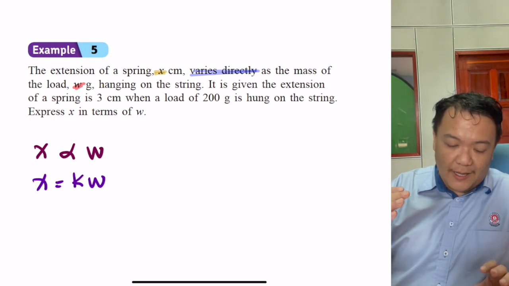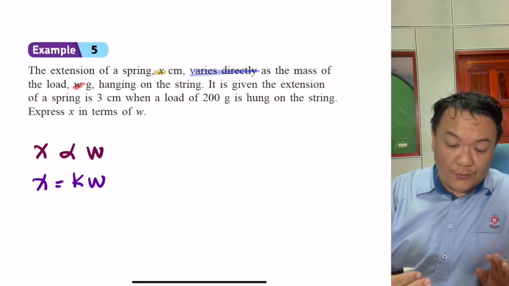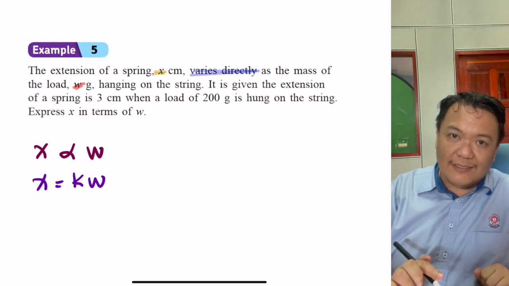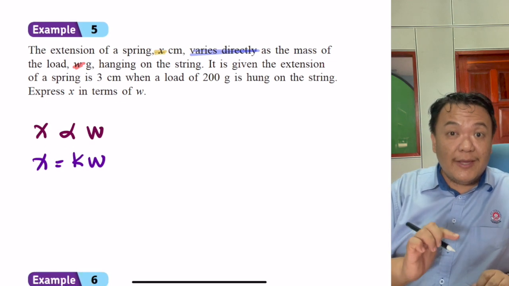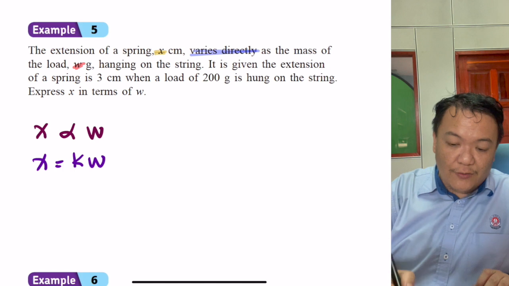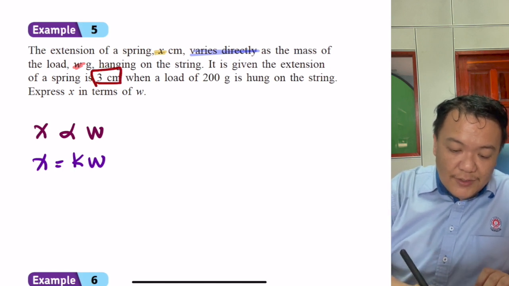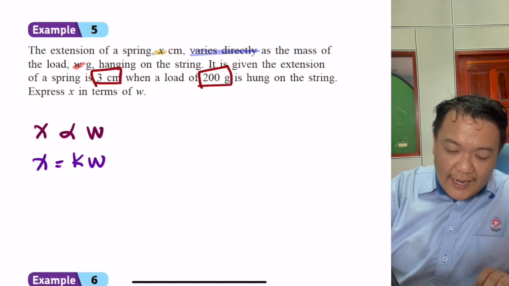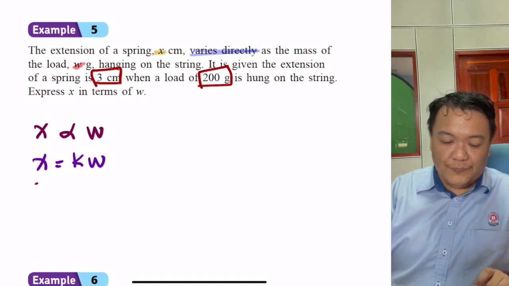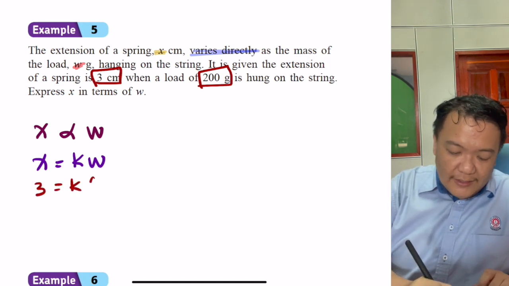Okay, when you already convert into this form with k inside, okay, you need to find the value of k first. Okay, so how can you find the value of k? You can use this information, 3 and 200 gram. Okay, so x is 3 is equals to k times 200.